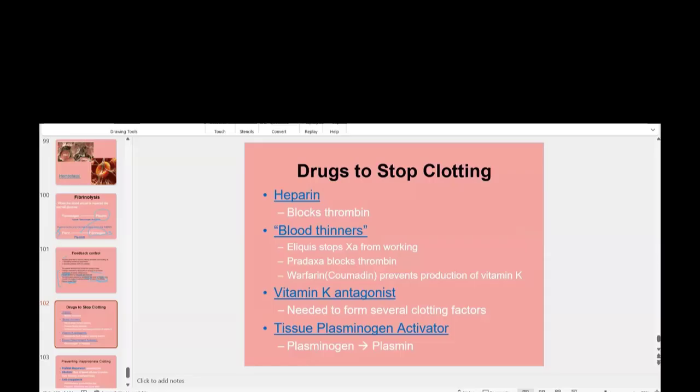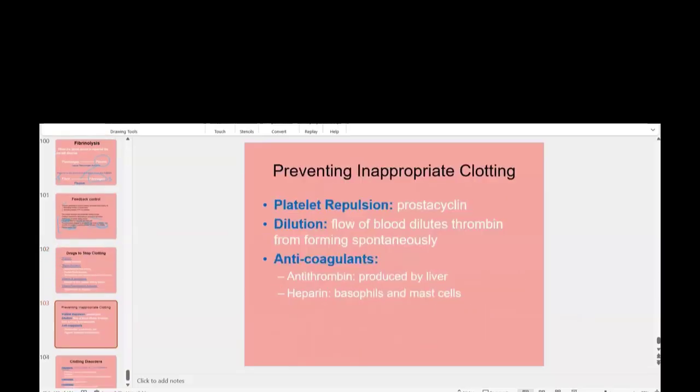Vitamin K is needed to form several clotting factors. So if you are having a problem with vitamin K in your body, then you would find that the clotting is affected. And then tissue plasminogen activator is also needed to convert plasminogen into plasmin so that it will dissolve the fibrin clot.